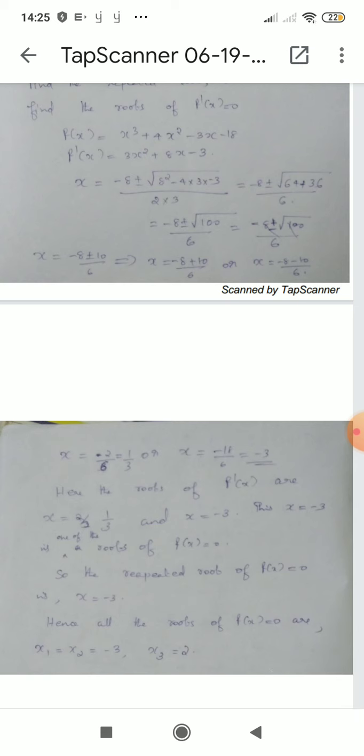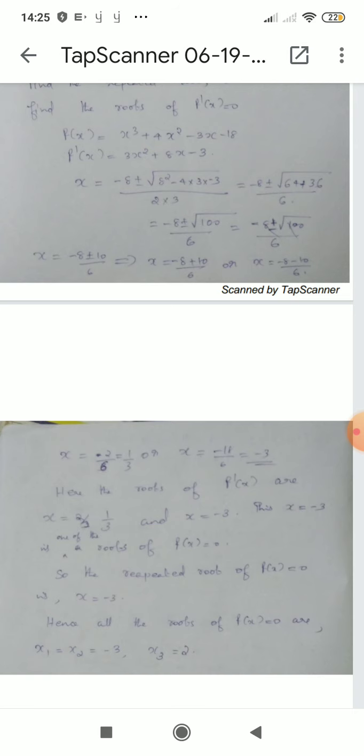Okay. Again, I repeat the hint given by our question. And what was that? f of x is equal to 0 has a repeated root. That repeated root is a root of f dash of x is equal to 0. Here f dash of x is equal to 0 has two roots, 1 by 3 and minus 3.